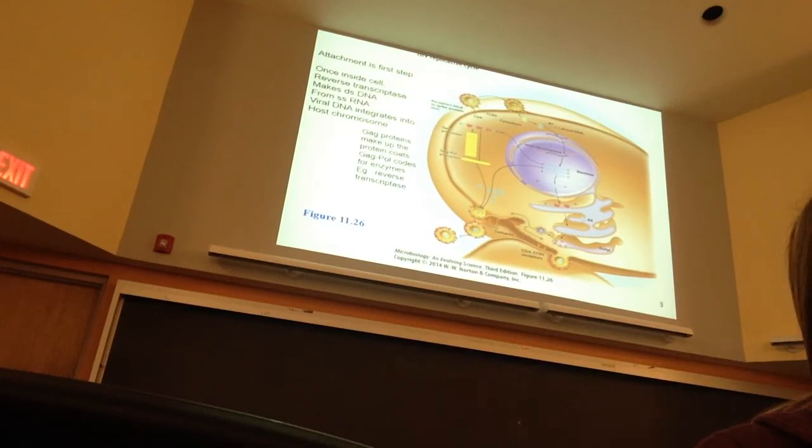And then, over here on the ER is where these glycoproteins are synthesized and inserted in membranes. And so the membrane synthesis is going on typically on the Golgi apparatus and the ER.